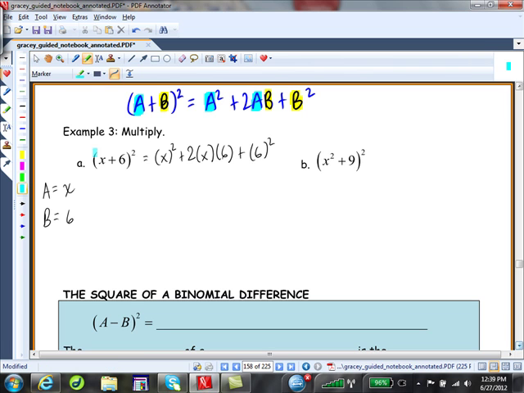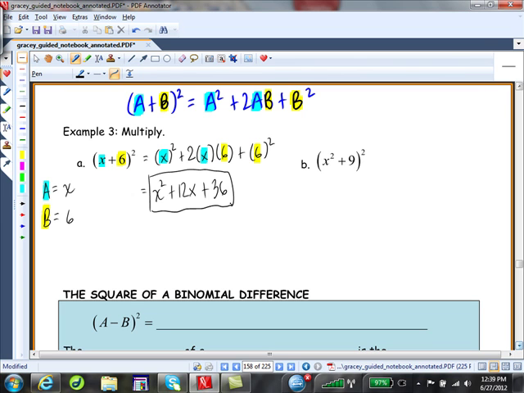So here's my A's and here's my B's. So then we'll get x squared, 2 times x times 6 would be plus 12x, plus 36. And we're done. Isn't that groovy?